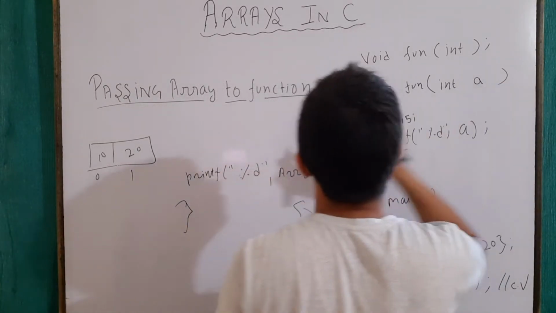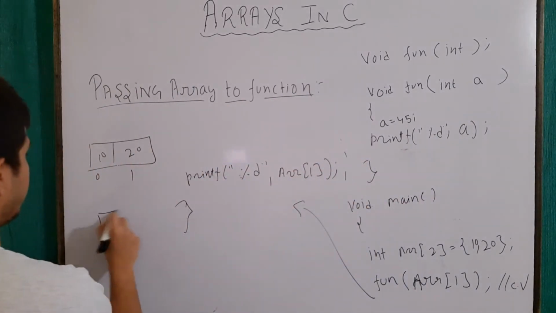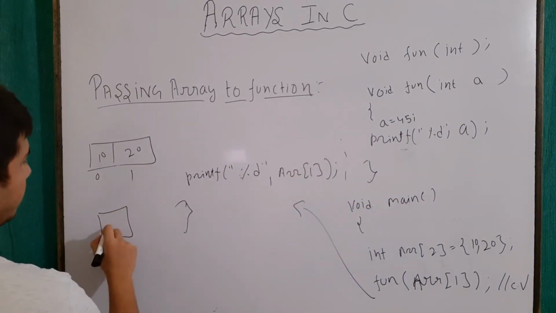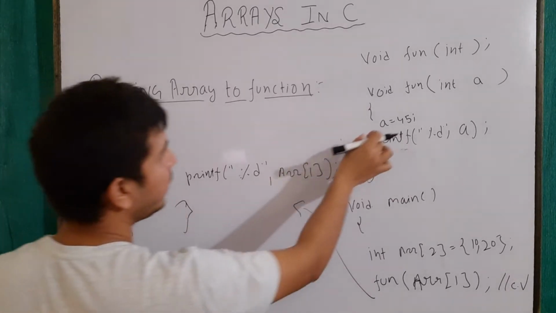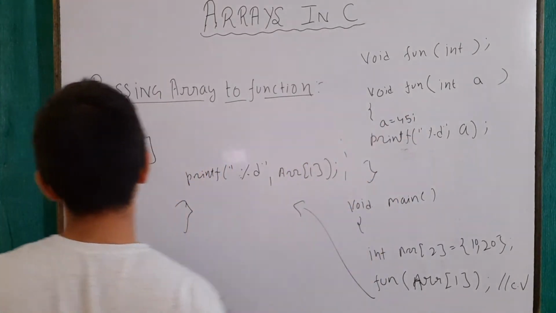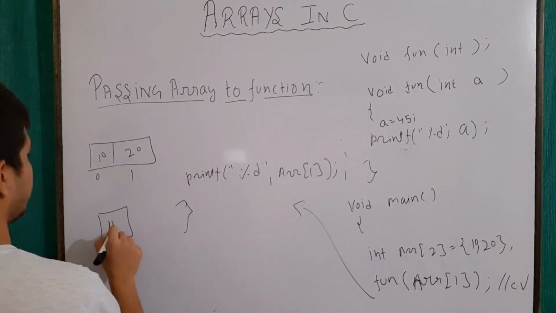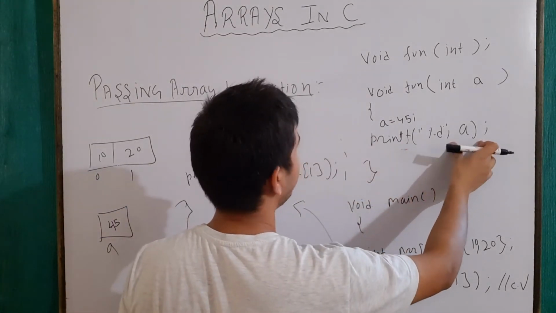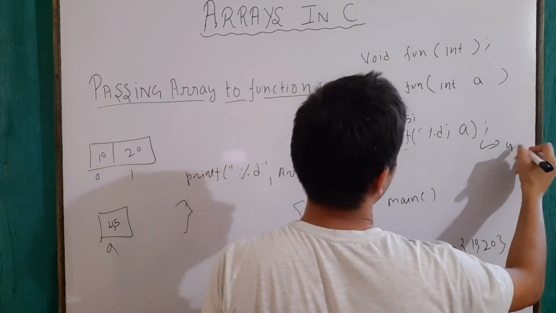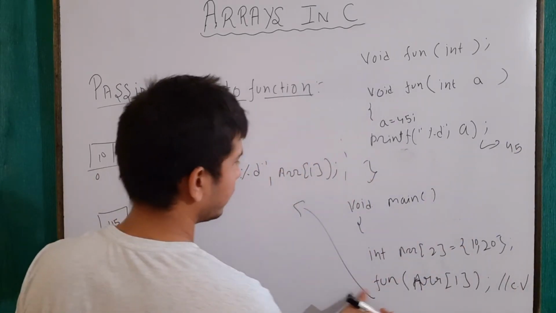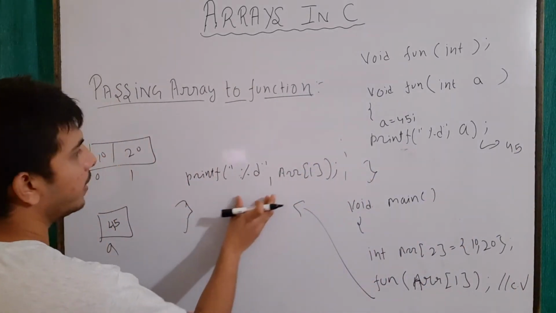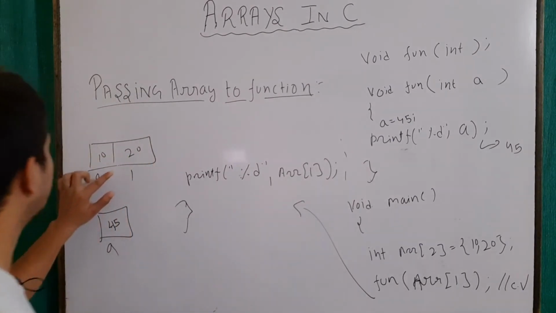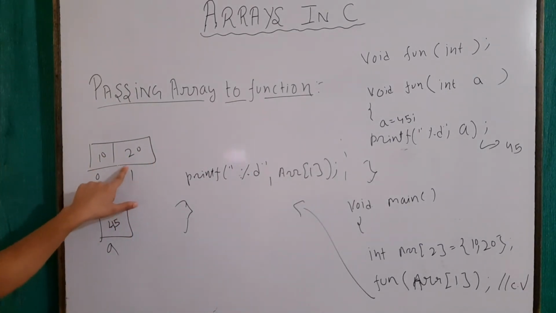So a right now, let's say there's some memory location for a also, and a will become 20, and I changed a to 45, so a will become 45, right? Now this printf will execute and the output will be 45. Then again the control will go here and it will print array[1]. So right now the value of array[1] is still 20.